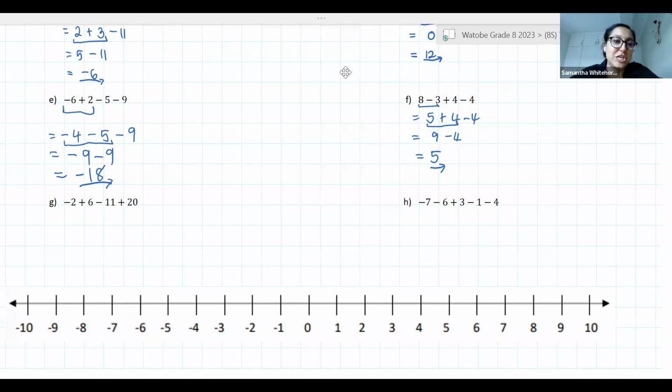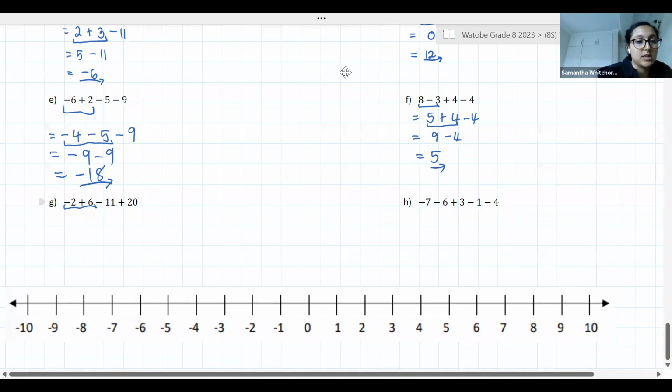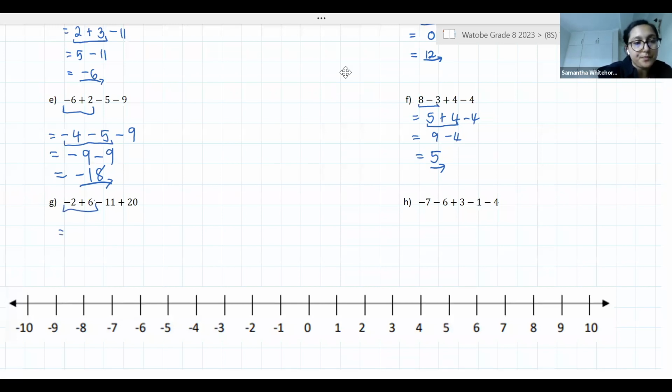Emily, do you want to give me G? For G, I got -7. Are we looking at the same G? Let's just go through it together. Unless I can't do maths, which is entirely possible tonight, because my brain is fried. -2 plus 6 is 4. 4 minus 11 plus 20.